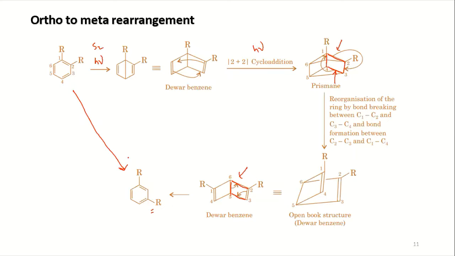Sir, this side the four-membered ring is opening. Can I open this side, sir? 1, 6, 5, 4 position. This position, this side you are talking, the upper one? Yes, sir.